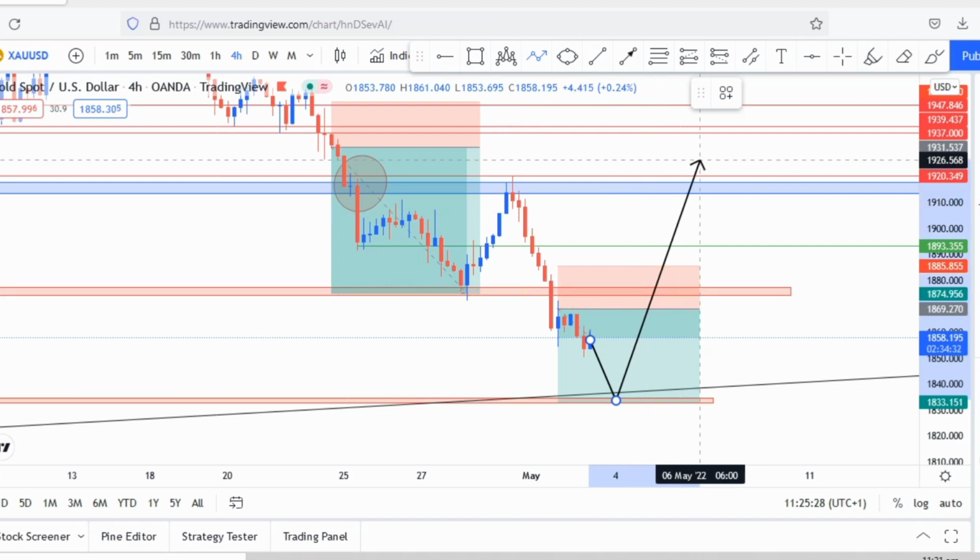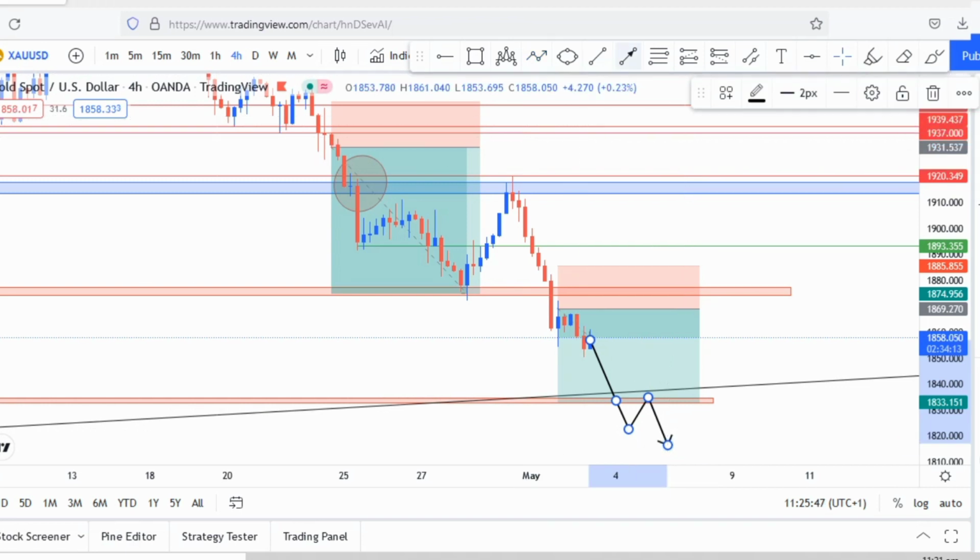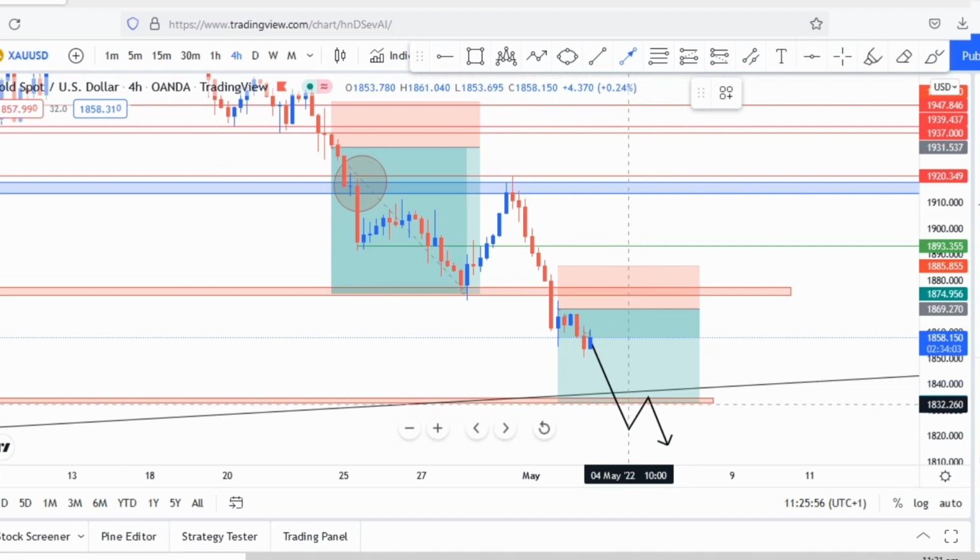So there's either a bounce back up to the upside, not necessarily all the way up, but maybe back to this resistance level around the 1873 area before price rejects to the downside, or price may just break through this and then continue its down move. Or price bounces straight from that support all the way to the next resistance area.